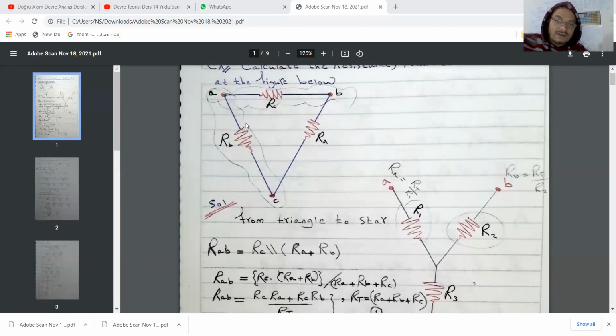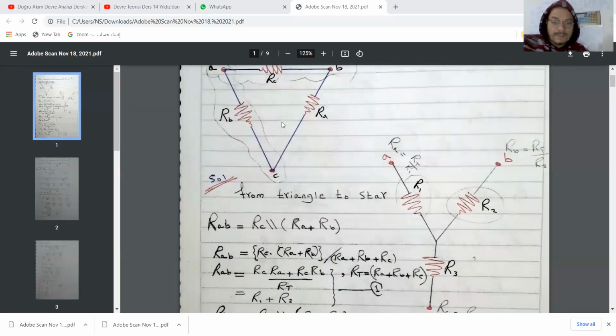Here A, B equal, here that means RC equals RC parallel with RA plus RB. RA plus RB, because all of them are in series, and here this RC is parallel with them.